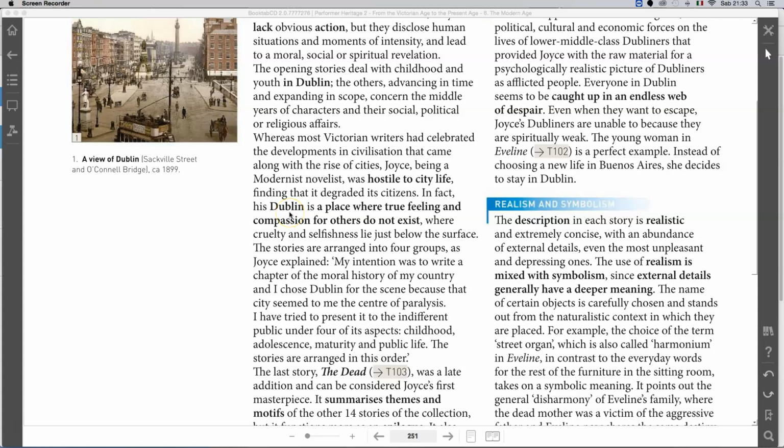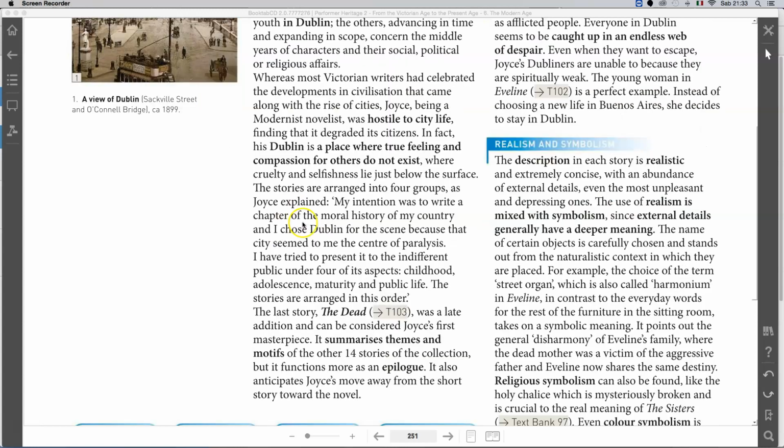In fact, Dublin is a place where true feeling and compassion for others don't exist, and instead we have the cruelty and the selfishness of the characters, which are the main expressions of these characters.